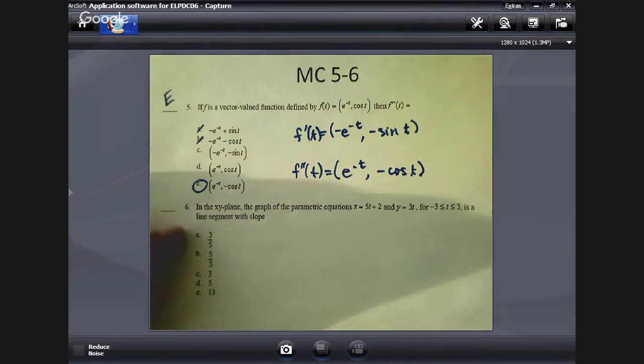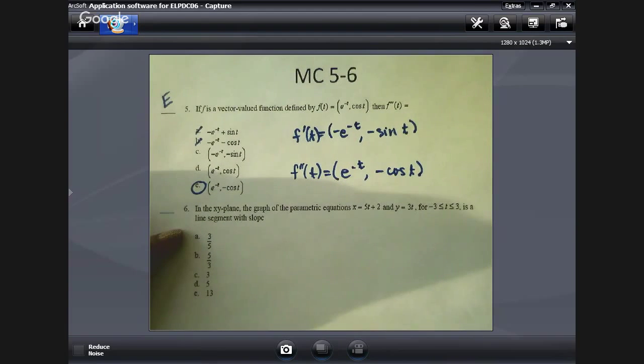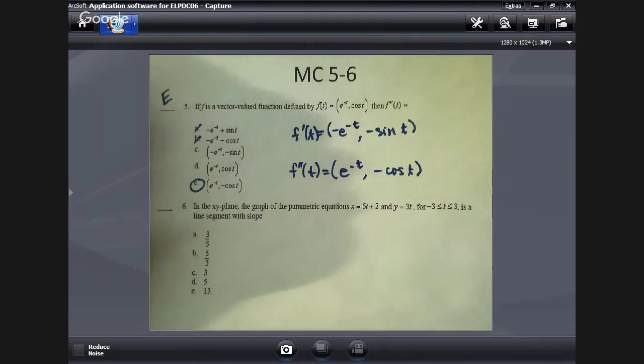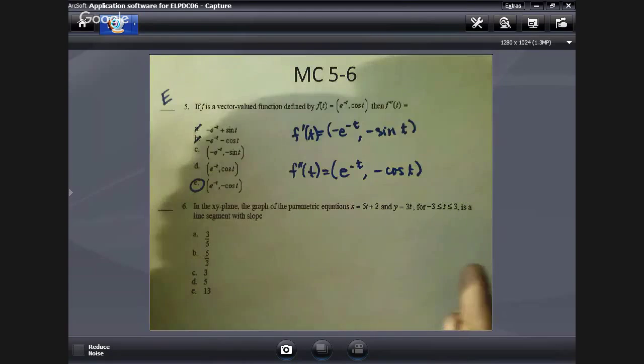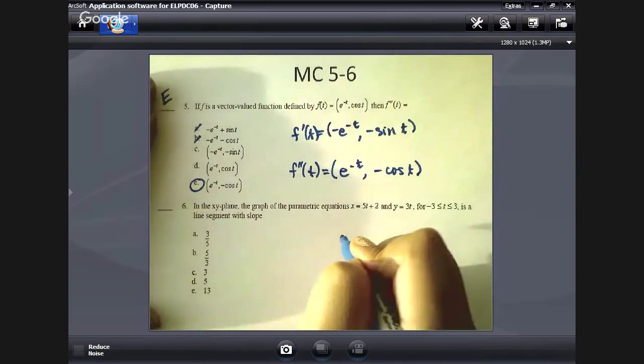And number 6, the XY plane. We have a graph of the parametric equations, and they give them to us. And it's a line segment with slope blank. Well, if this is a line segment, its slope is the derivative, dy/dx, right? Because a line segment's slope is a constant. The constant happens to be the slope of that line.